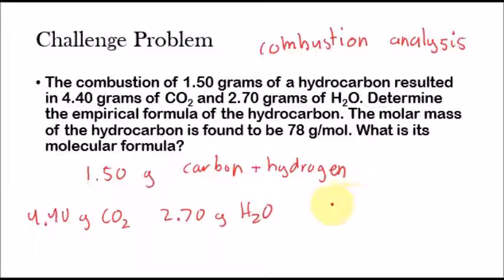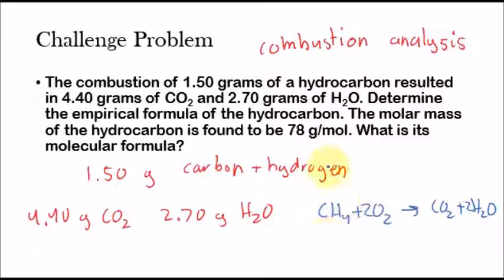Now, this is not the formula for this compound. I'm just explaining this here. So CH4 plus O2 will yield CO2 plus H2O. If you quickly balance this reaction, I think you get this. Balancing is beside the point.